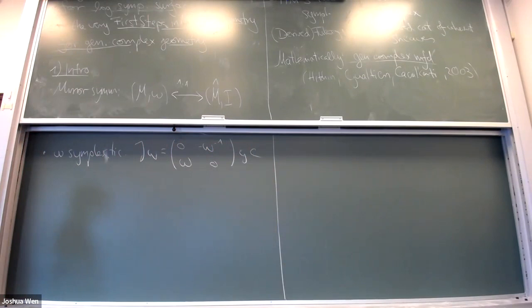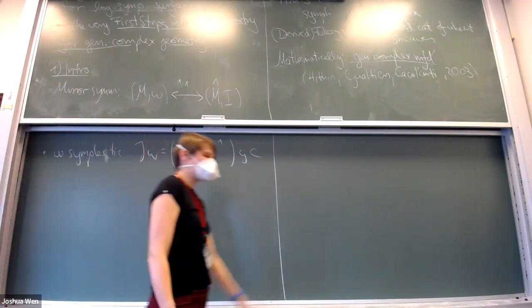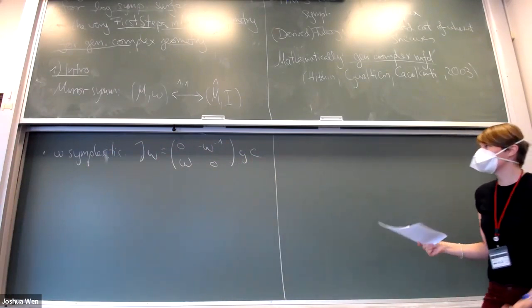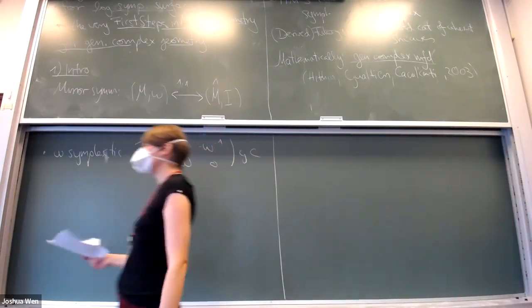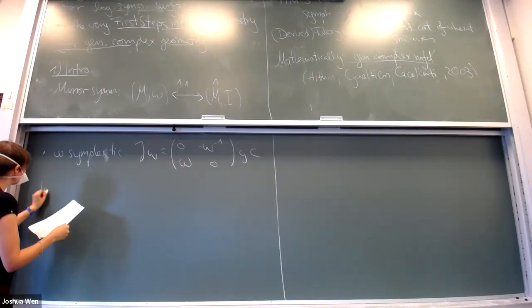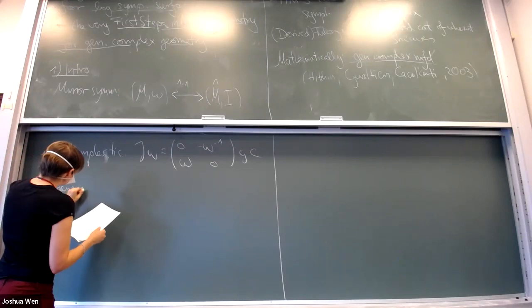And in this way, basically, complex and symplectic geometry are the two ends of a generalized complex spectrum, where in general, generalized complex structures will interpolate between these in the following way.